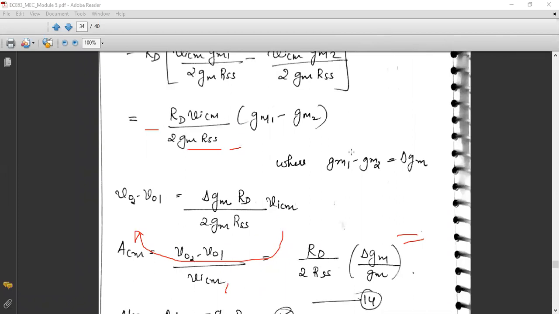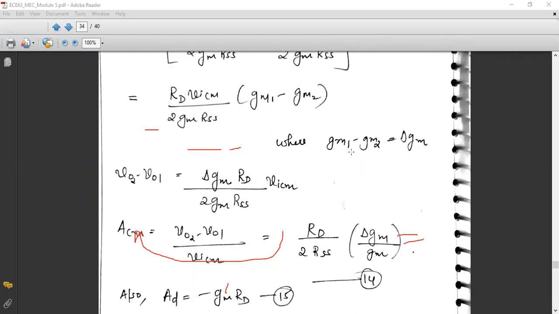Rearrange it in such a way that delta GM by GM will come in a separate bracket, because this is the relative change in the transconductance in a percentage or in a fractional form. So equation number 14 represents the common mode gain.